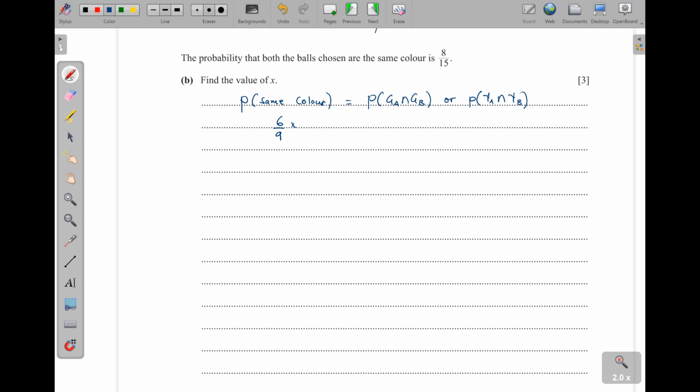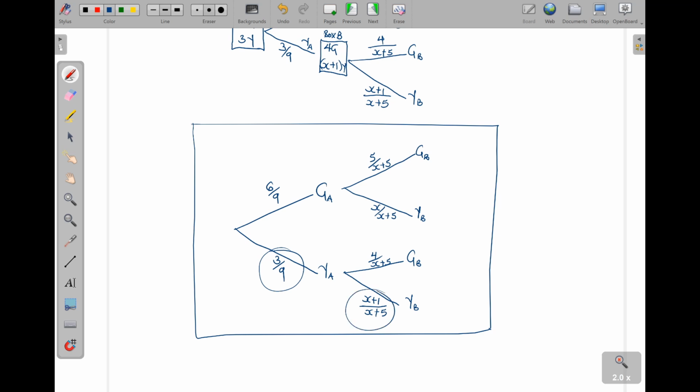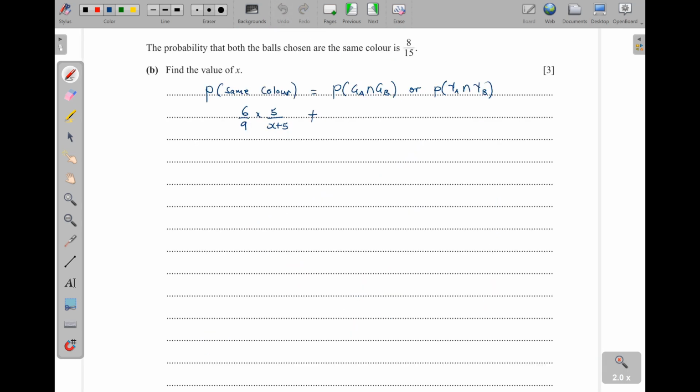Then we shall add, because in probability, or means addition. So yellow and yellow, you can see here 3/9 times x plus 1/x plus 5. Then this whole thing, we shall equate it to 8/15. And then we simplify this to get the value of x.